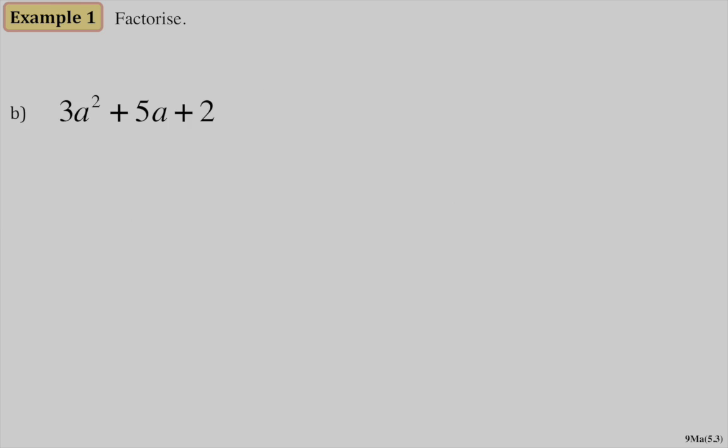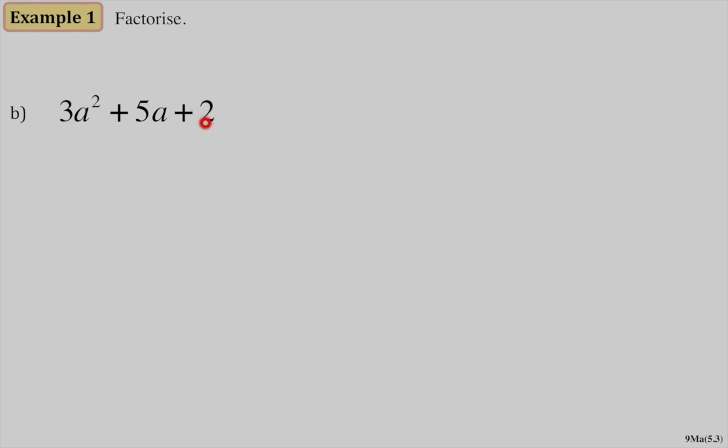Now let's look at our next quadratic. We can't take out a common factor of 3 because 3 doesn't go into 5, 3 doesn't go into 2. So unlike part A, this question is a bit more challenging. When you get a question like this, the first thing you do if you can't take out a common factor is to look at the number in front of the x squared. It's a 3.